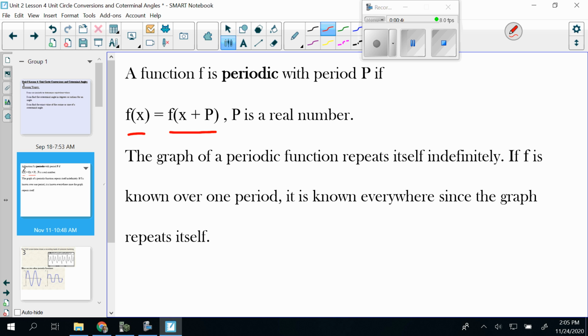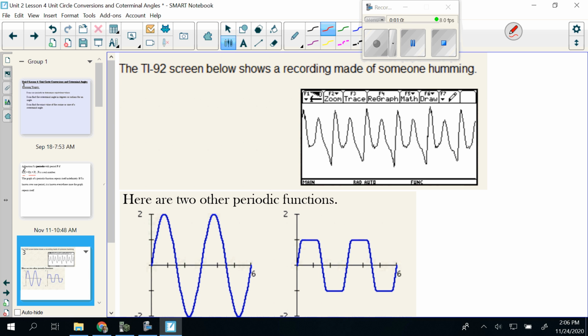So anything where you get an equivalent value some time later, that's a periodic function. A graph of one of these periodic functions repeats itself indefinitely. If f is known over one period, then you should be able to find it everywhere else, since the graph repeats itself. What does a graph of one of these periodic functions look like?